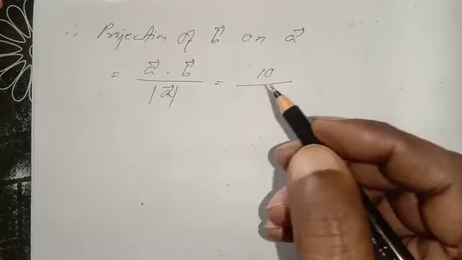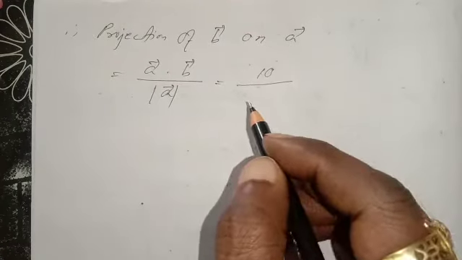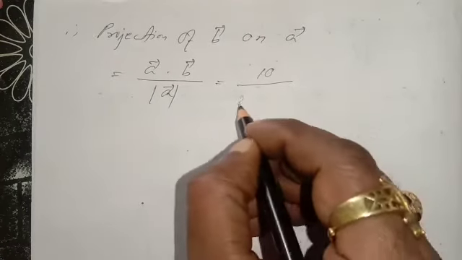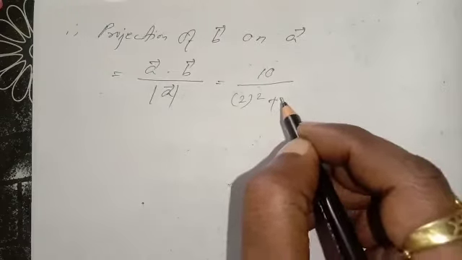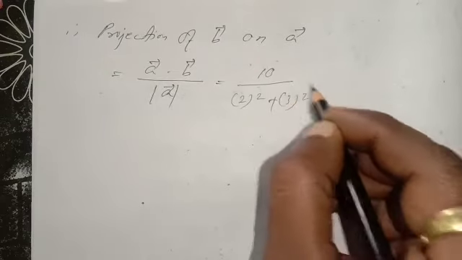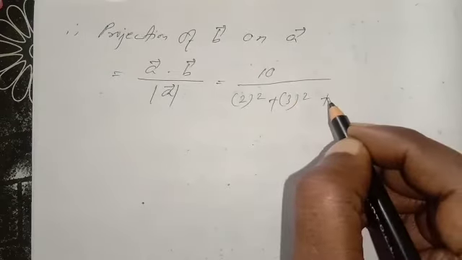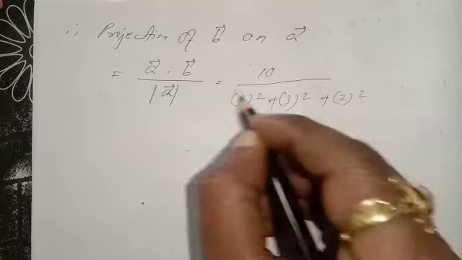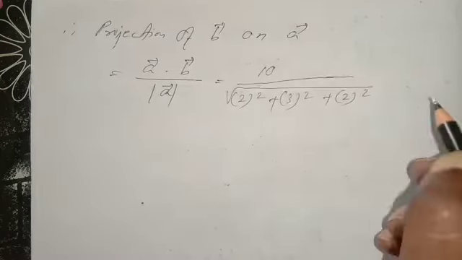And A vector mod, the magnitude of vector A, will be the square root of I coefficient 2 squared plus J coefficient 3 squared plus K coefficient 2 squared. Now see how much is coming.